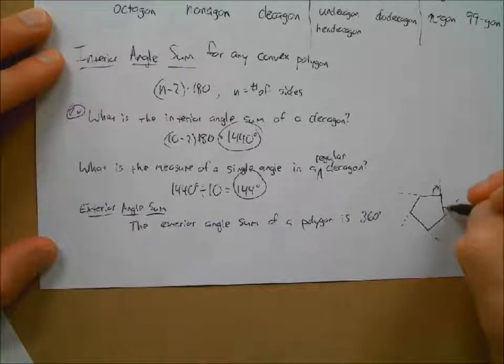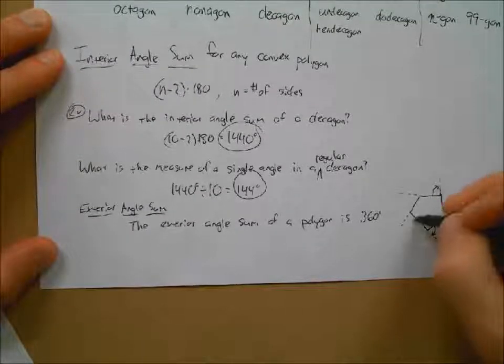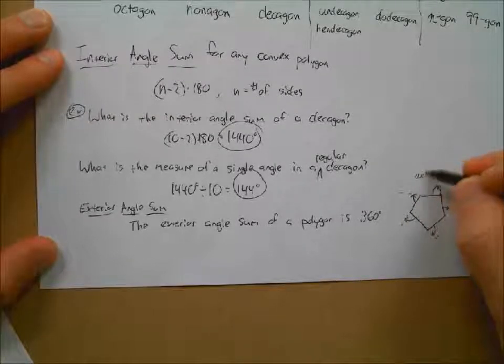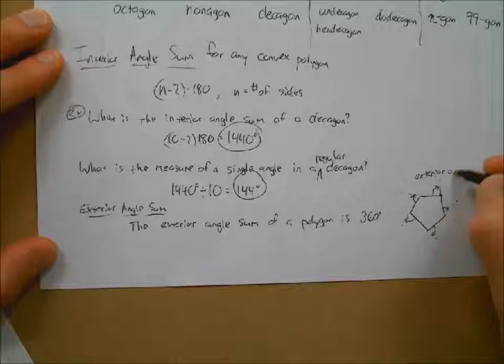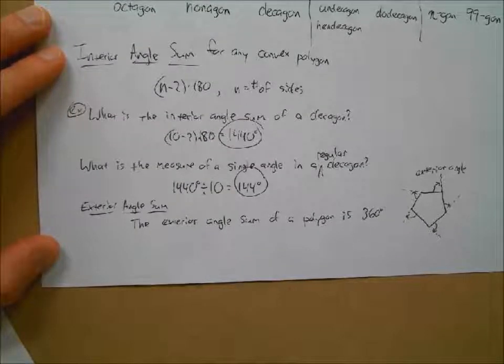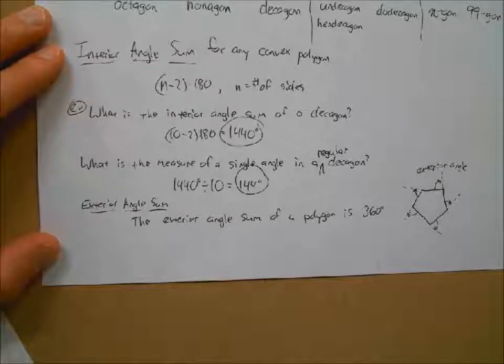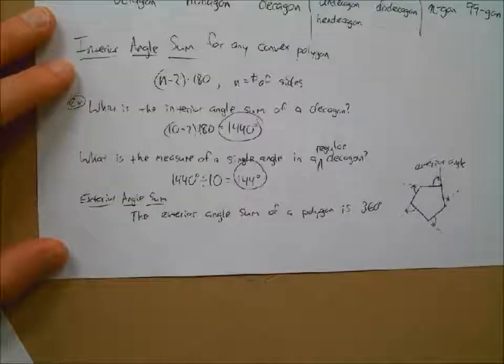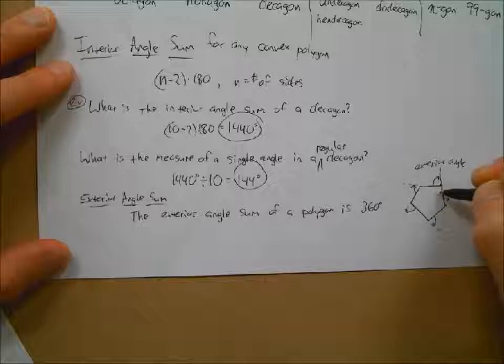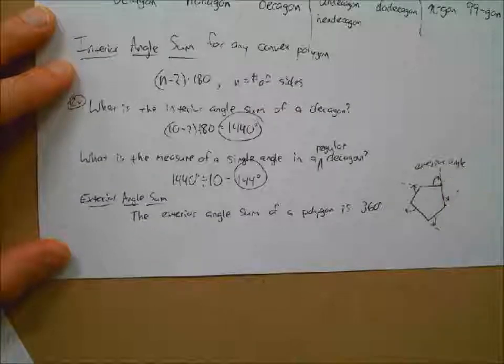These are all exterior angles. And the exterior angle here is supplementary to the interior angle, right? So here's an interior angle. It'll be supplementary to its exterior angle, and vice versa.